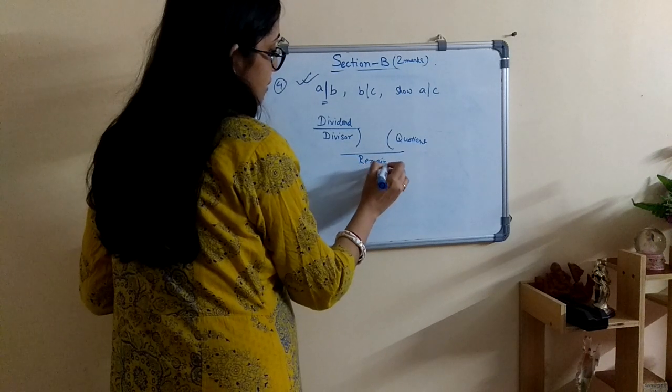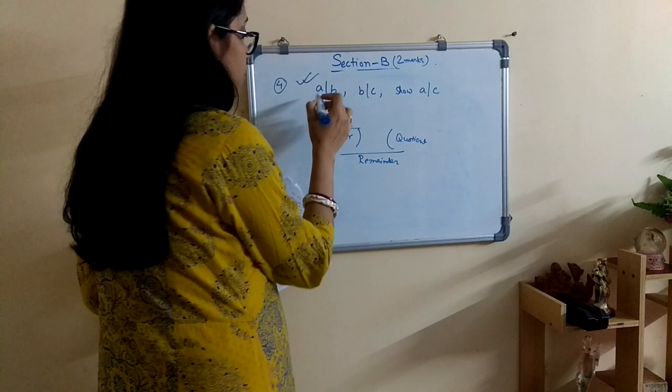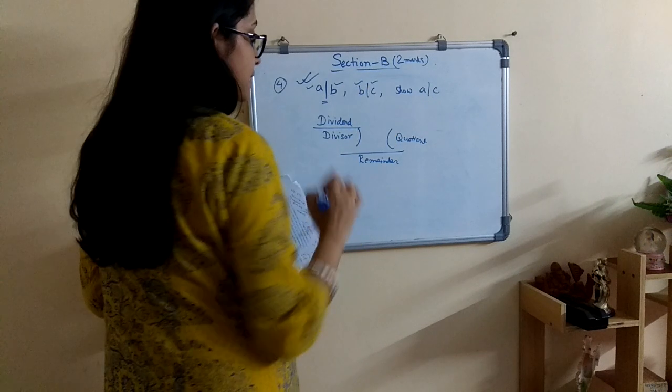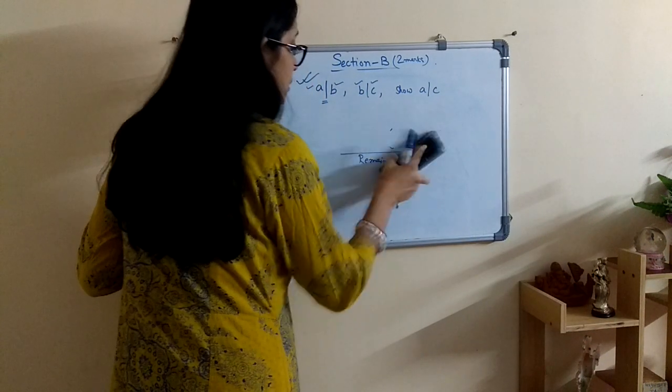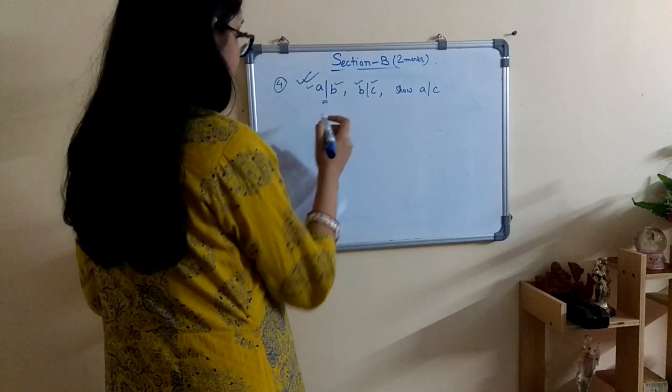In some cases the remainder is 0, in some cases we get some value as remainder. So this is A divided by B and B divided by C. We will assume the values for both of these divisibilities.